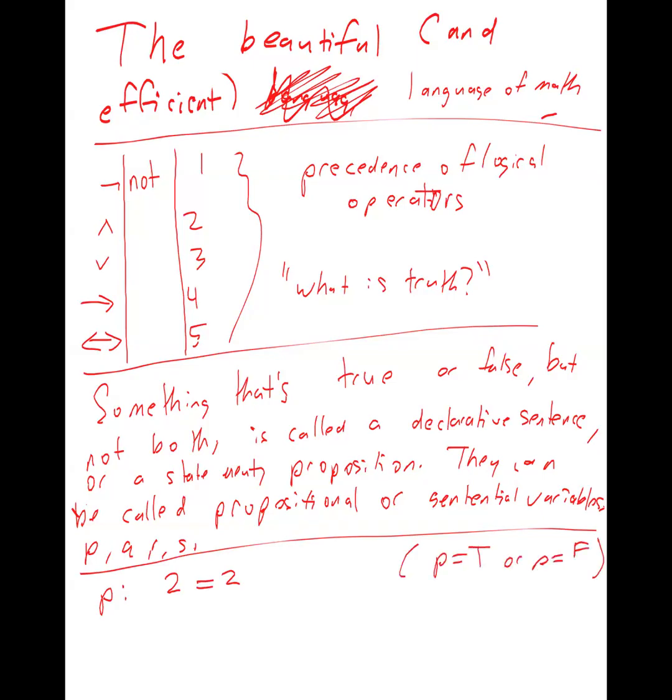Well, actually, it doesn't matter which one it is, but it's a propositional variable because it's either this or this, right? Let me give you another one. Let's say Q is the statement: this is not true. Is that a propositional variable or not?